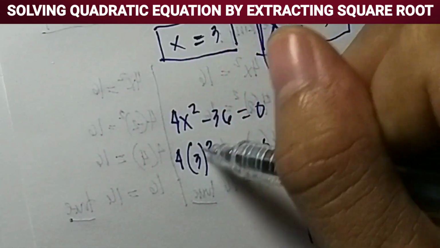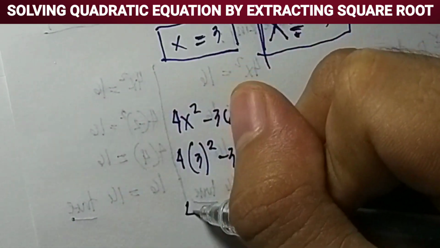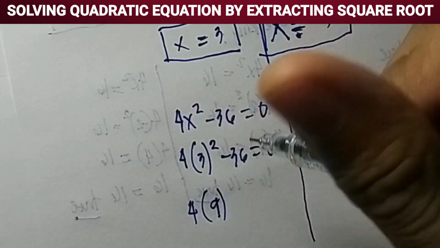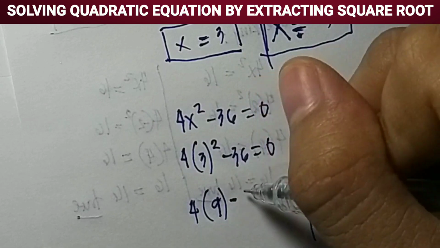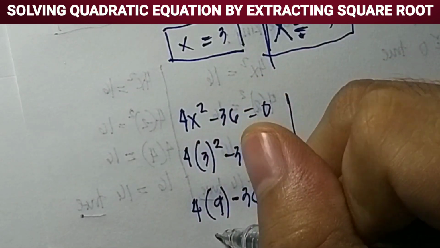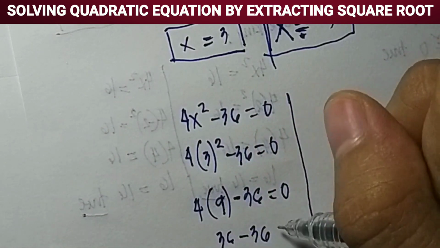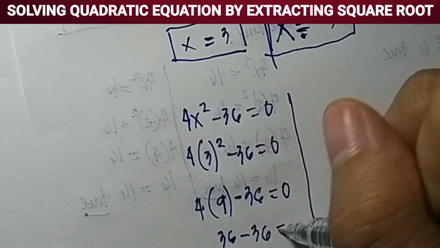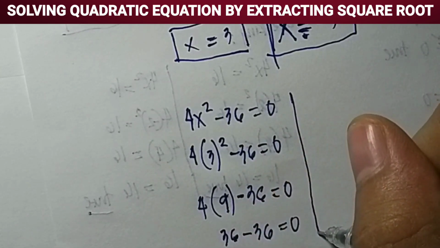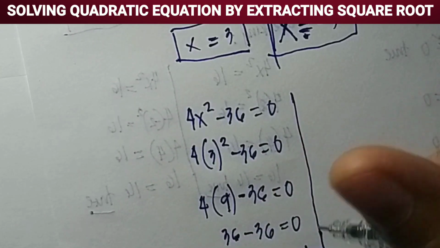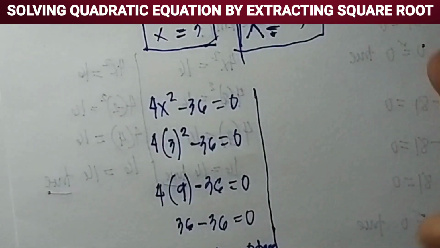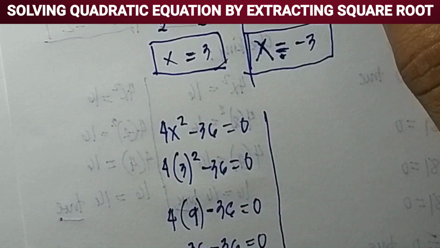Unahon nato ang exponent. 3 squared, that is 9, kay 3 times 3 man ang pasabot. So 4 times 9, that is 36, minus 36 equals 0. So 36 minus 36, 0, which is tinuod. Pag true, meaning correct ang atong solution or what we call roots.